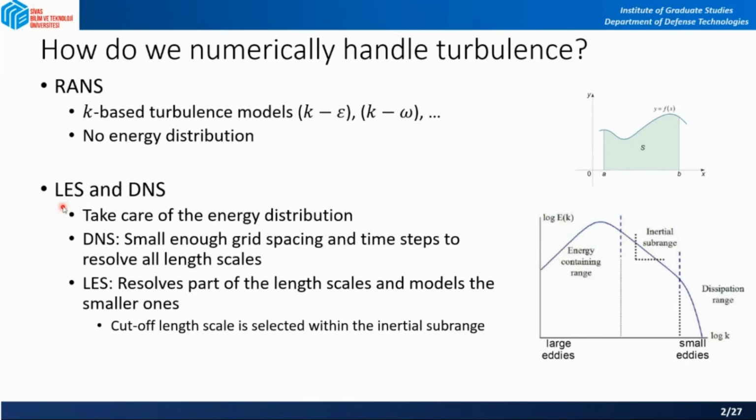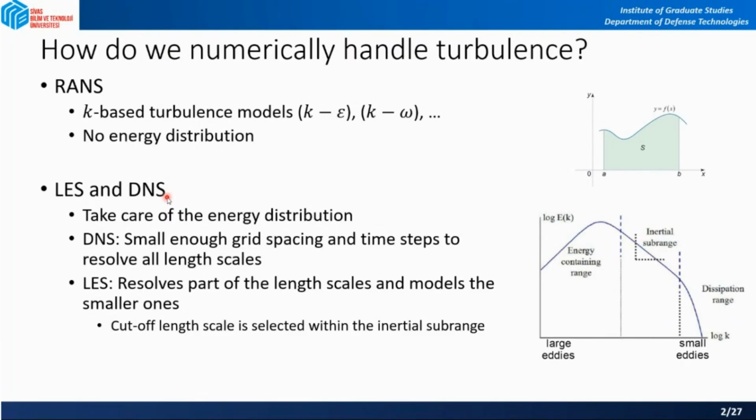Simulations like LES and DNS do not solve average quantities, they solve for instantaneous quantities, meaning that you are dealing with all eddy structures. DNS has a small enough grid spacing and time step so that it resolves all length scales or wave numbers. You remember these two? So it can actually recreate the whole energy spectrum.